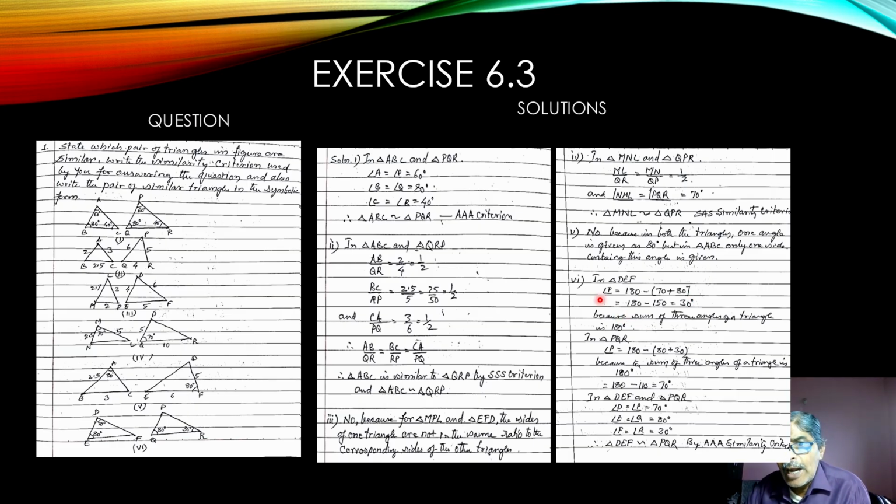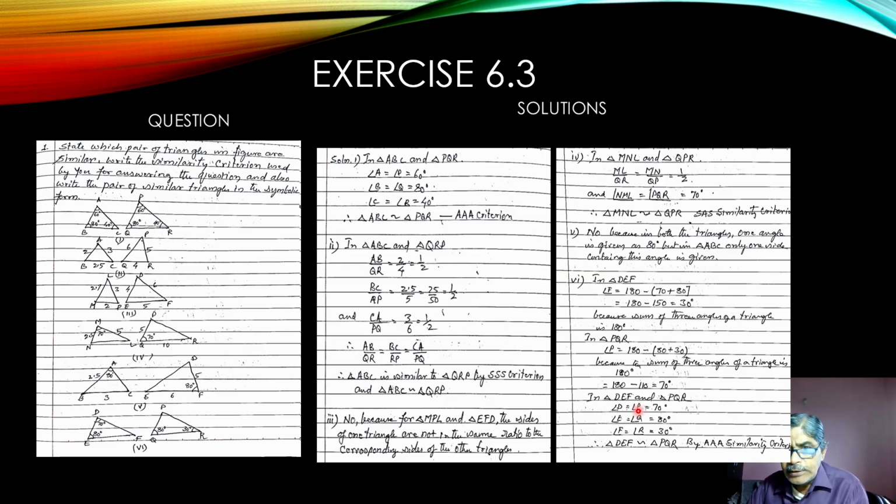Therefore, angle F is equal to 180 minus this, which results in 30 degrees, because the sum of the angles of a triangle is equal to 180. So in triangle PQR, angle P is equal to 180 minus (80 plus 30), because the sum of all the angles of a triangle is equal to 180, which on simplification will become 70 degrees.